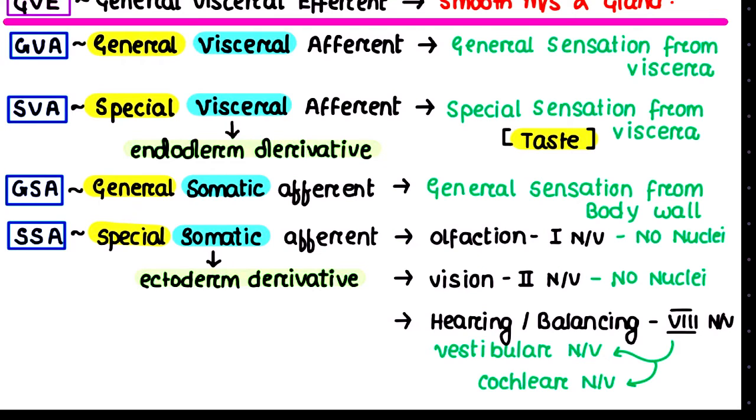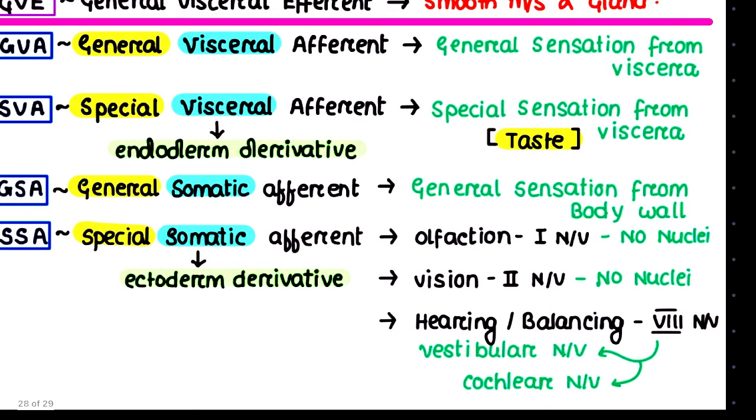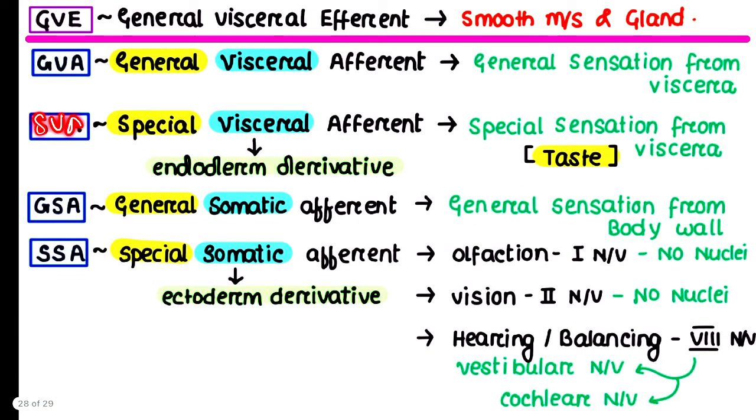That means the special sensation should come from a viscera that is an endodermal derivative, that is our taste. Out of the three, taste, olfaction and vision, only taste is received by this SVA column.